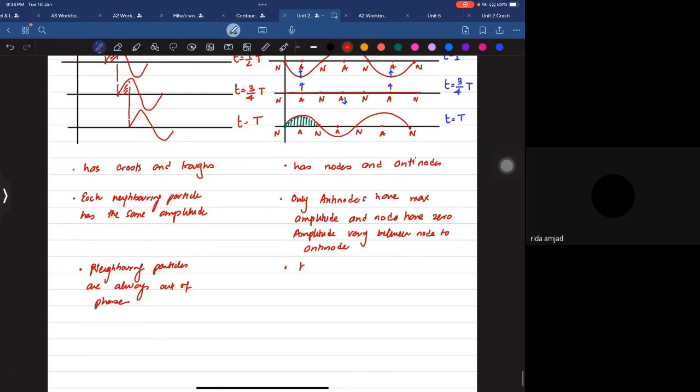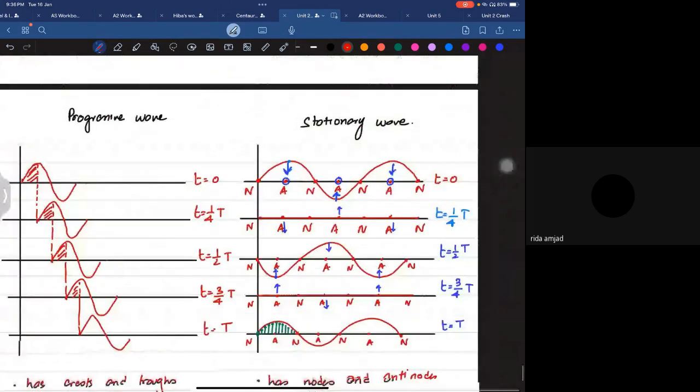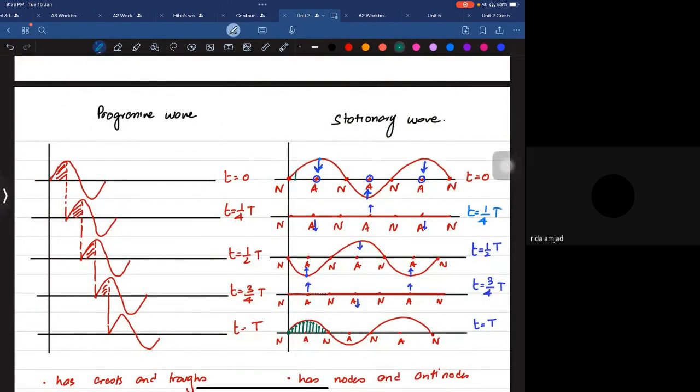In this one, between adjacent nodes, all particles have 0 degree phase difference, or otherwise 180 degrees. Let me just tell you how. If you look at the particles here, when all these particles went down, they went down together. They even went up together.